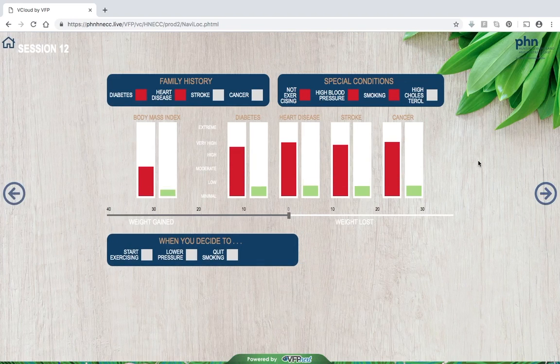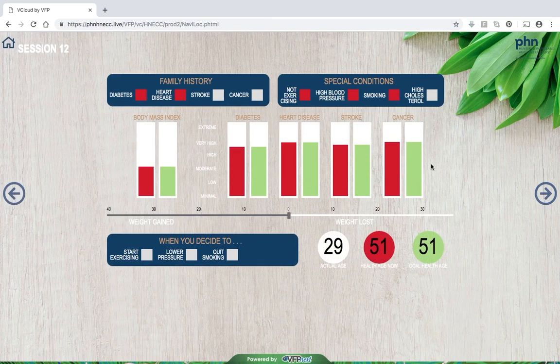So then we move on to our health risk graph, which you remember from session 1. If they haven't already decided to start exercising, we can use this as a tool moving forward as a motivation for the patient.